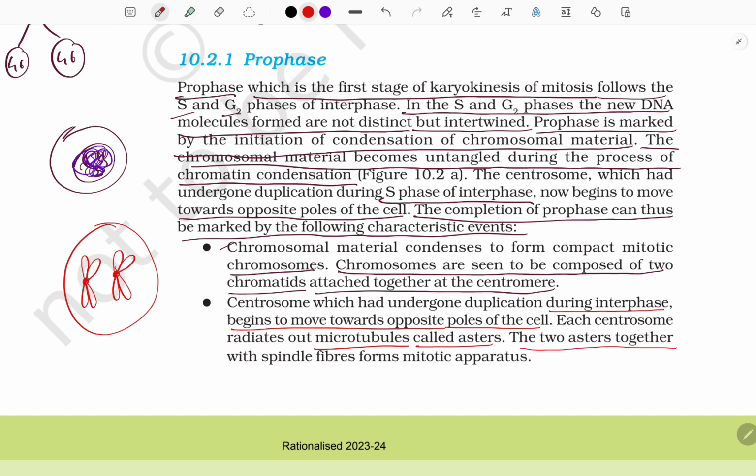So 2 asters together with spindle fibers form the mitotic apparatus. So you will have the cell, the nucleus with the chromosomes, and the 2 centrosomes go to the opposite poles from here. The microtubules will come out like a star. We call those asters.